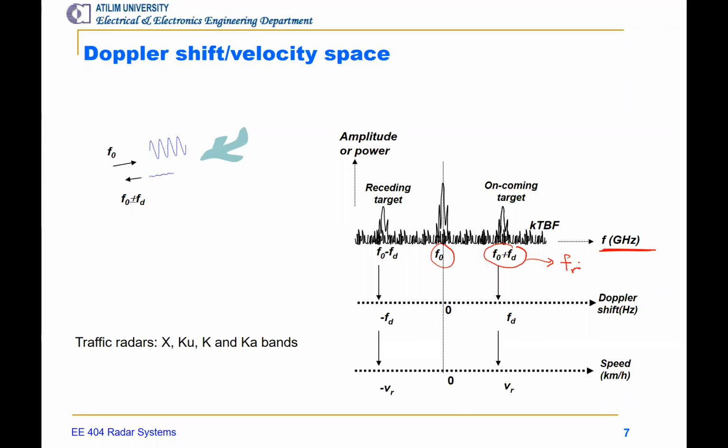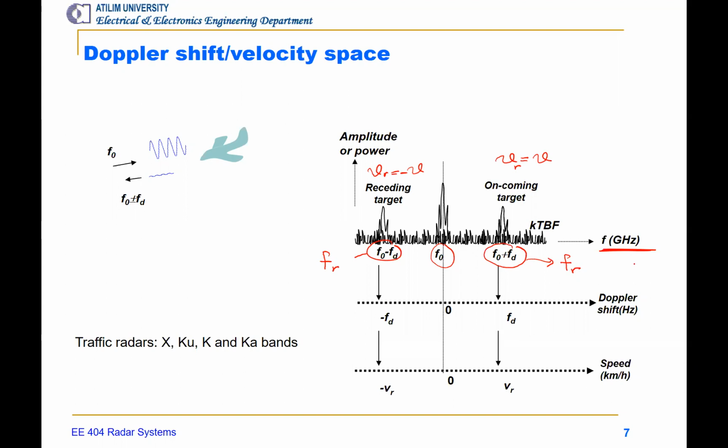When there is an incoming target, the radial speed of the target is simply the speed of the target. And when it is moving away, the radial speed of the target is simply minus v. Okay, this is again the received signal frequency.